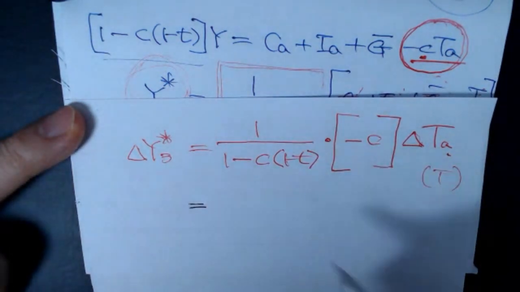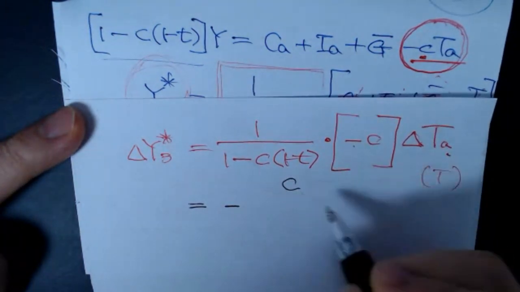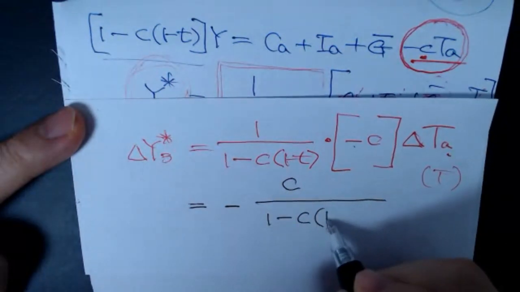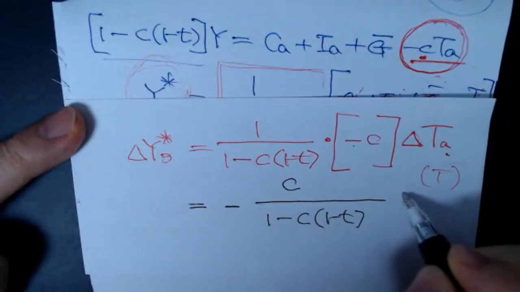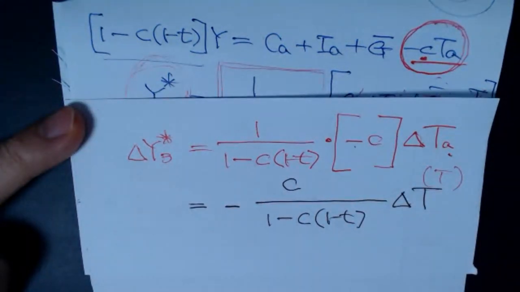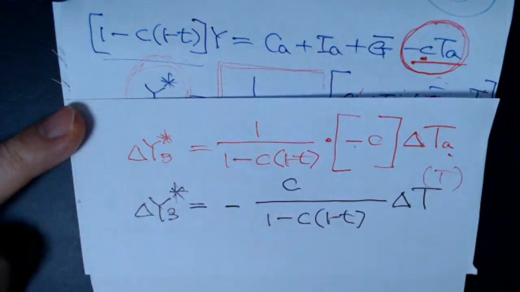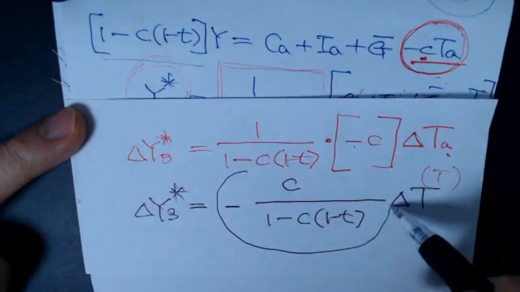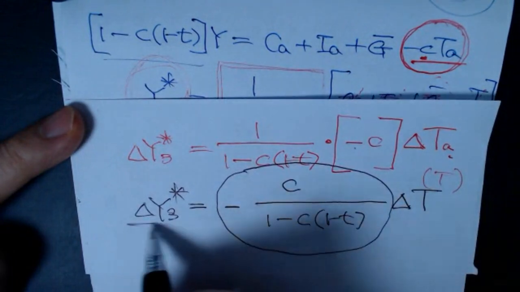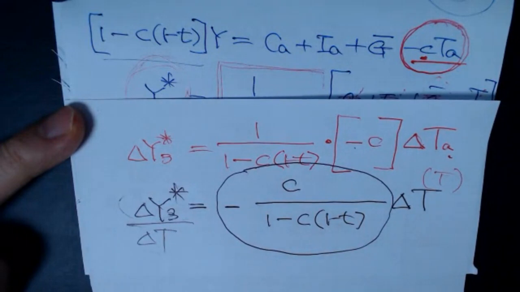So if you rewrite the minus sign, as I said, C over 1 minus C, 1 minus T, delta T, like this. This one we call the tax multiplier, right? Because the tax multiplier is defined in this way: changes in output divided by changes in tax.